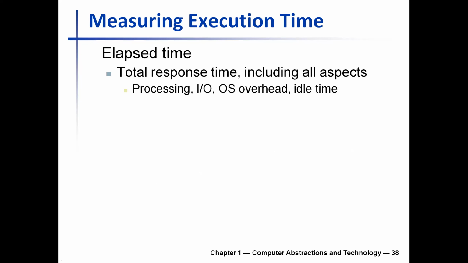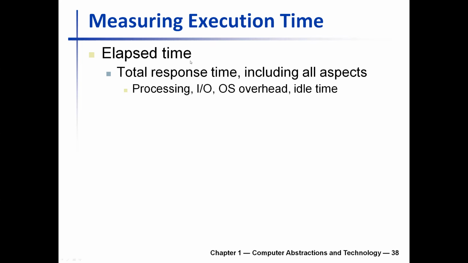So, measuring execution time. When it comes to measuring this execution time or response time, especially at the system level, when we have a computer system, we want to measure its performance using our definition, response time or execution time. Both are the same thing. One way we can do it is using elapsed time.